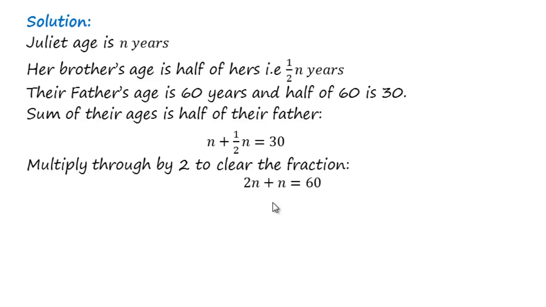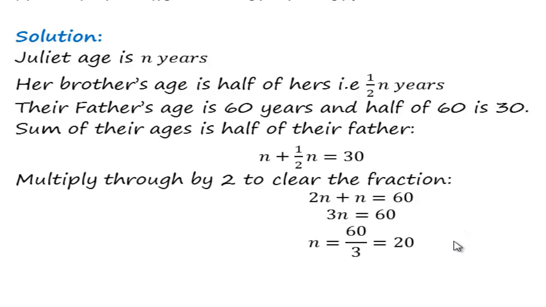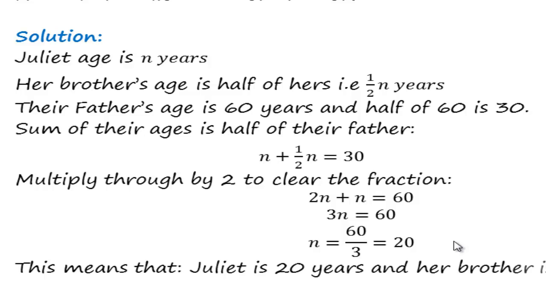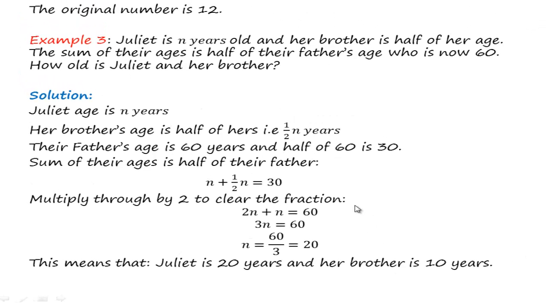That is what we've gotten before. And now it is going to be 60 divided by 3, which is now going to be 20. So therefore, this means that Juliet is 20 years and her brother is 10. Yeah, that is it. So let's move on.